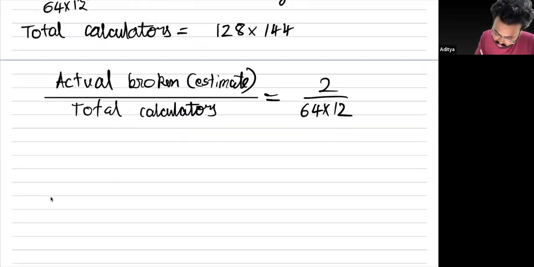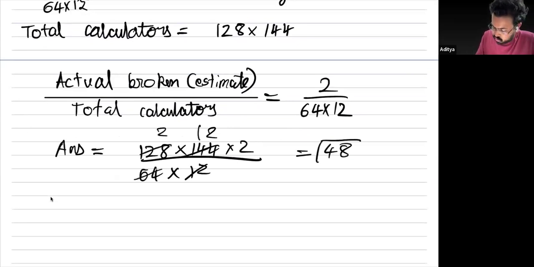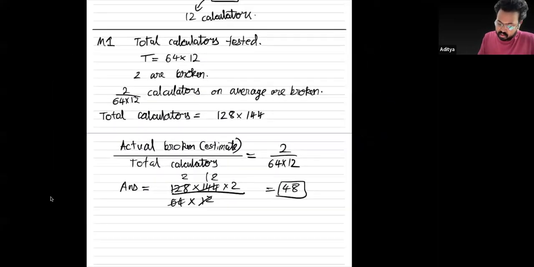If you calculate this, the answer is 128 times 144 times 2 upon 64 times 12. This becomes 12, 2, and then you get 48. Okay, this was the first method.